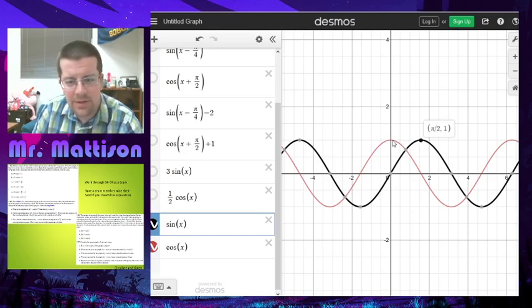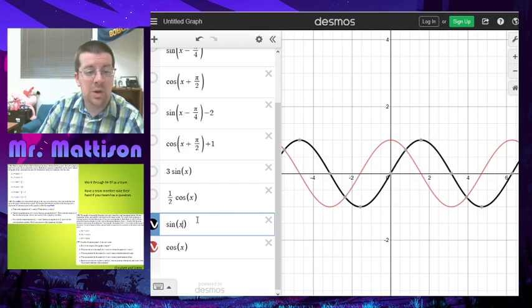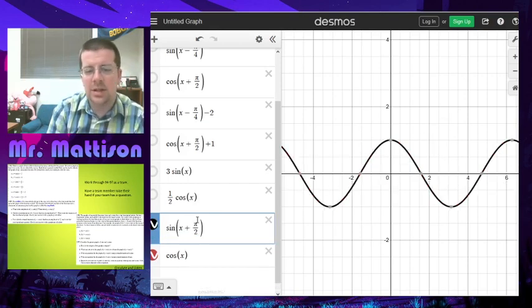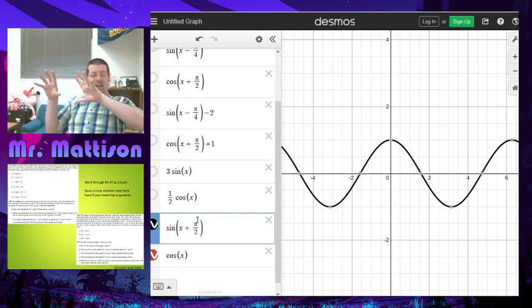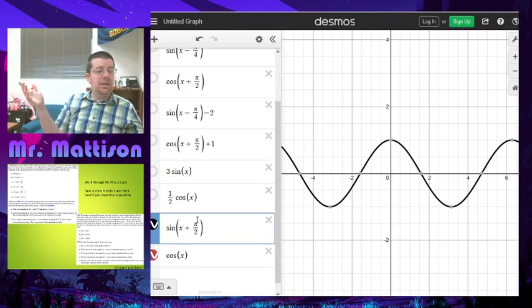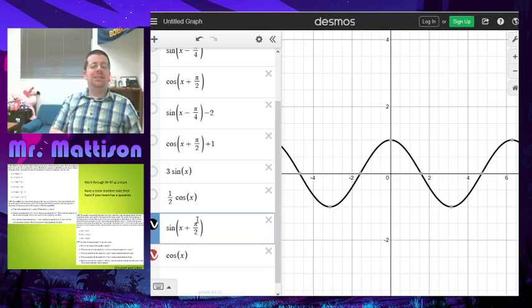So if I put plus pi over 2, that took my sine curve, moved it left pi over 2, which is 90 degrees, and put me exactly where my cosine was, right? Which hopefully makes sense.